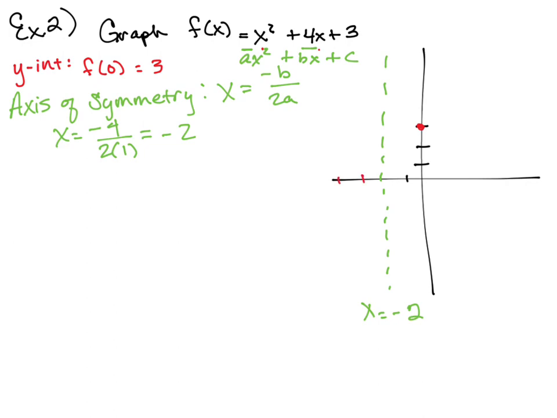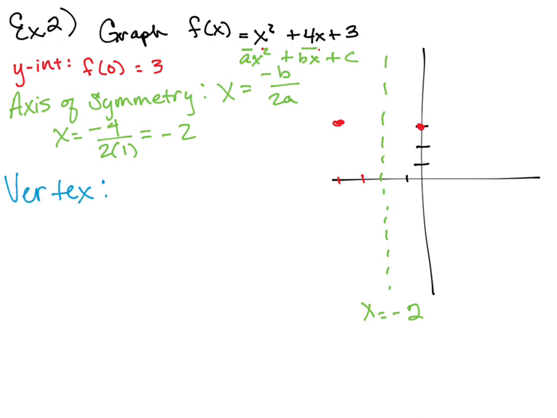I want to mirror that on the other side. I want to go 2 to the left and up 3. It's a bonus point. You just get to get it. It's a freebie. So if I had a dot at 0, 3, I'm going to have a mirrored dot at negative 4, 3. Everybody see it?